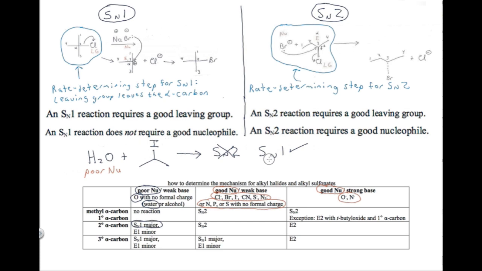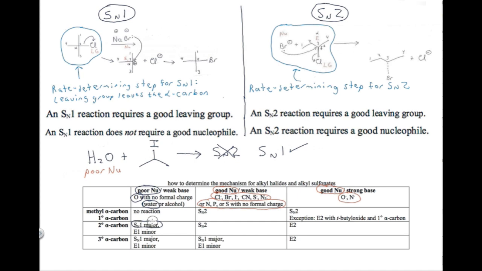Now this table should make more sense to us. Why are there no SN2 reactions in the left-hand column? There's no SN2 reactions in the left-hand column because the left-hand column is for poor nucleophiles and SN2 requires a good nucleophile. Why are there SN1 reactions in the left-hand column?